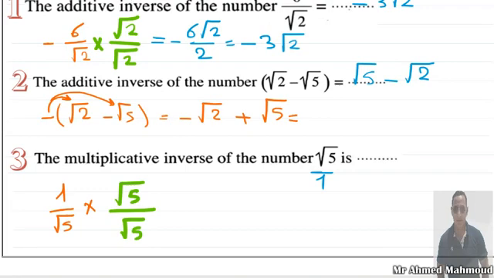It will be root 5 times 1 equals root 5, and root 5 times root 5 equals 5. Root 5 over 5, we have no more change than this. Then I will leave it like this, root 5 over 5.